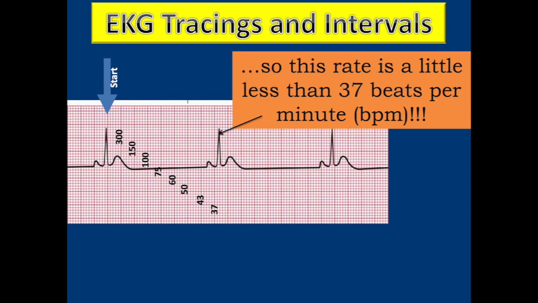So if we were to do that with what we see in this strip, we'll start with this QRS complex and go across and do our counting the way that Dr. Dubin showed us. If we go with our 300, 150, 100, 75, 60, 50, 43, 37, you can see the heart rate is a little less than 37 beats per minute.